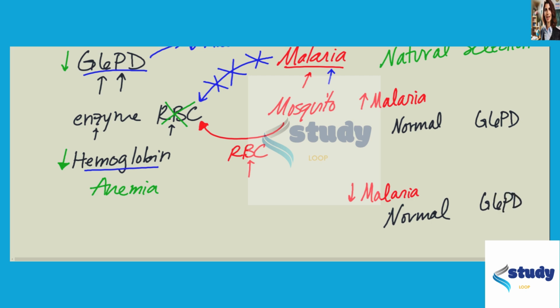So taking these into account, in an area where malaria is endemic or a common infection, the normal individuals are going to get sick with malaria more often and more severely, and they are going to decrease in population because they will die out from this disease.